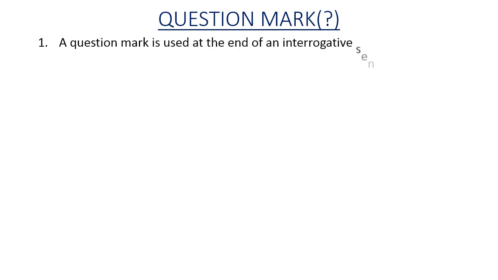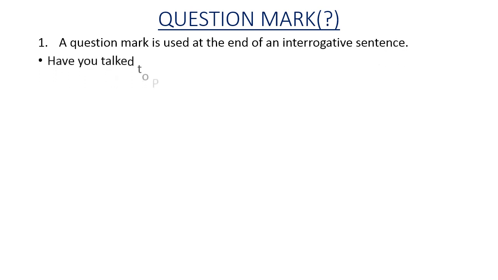Let's read further. Next is the question mark. I think it's very easy for you to identify where a question mark will be put. Wherever a statement asks you a question, there you have to put a question mark. A question mark is used at the end of an interrogative sentence.